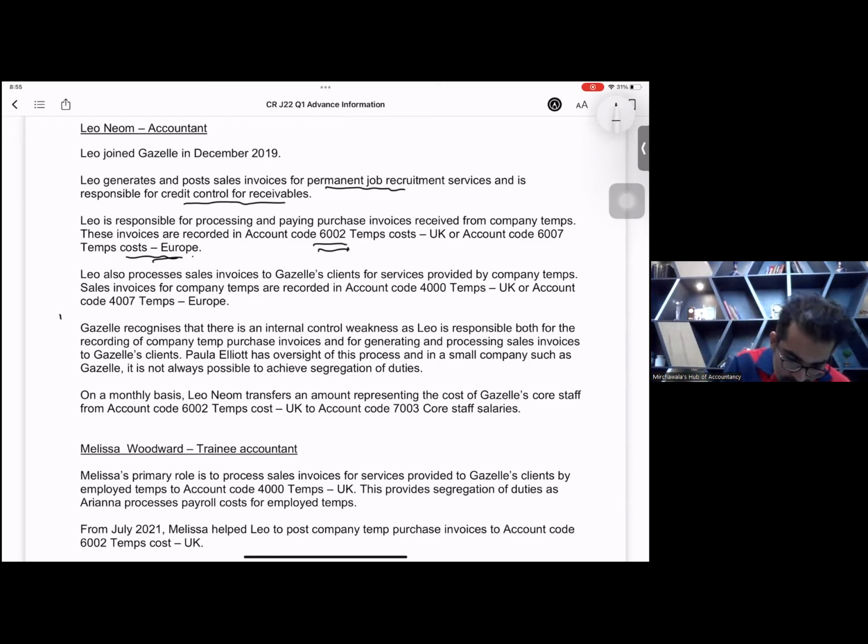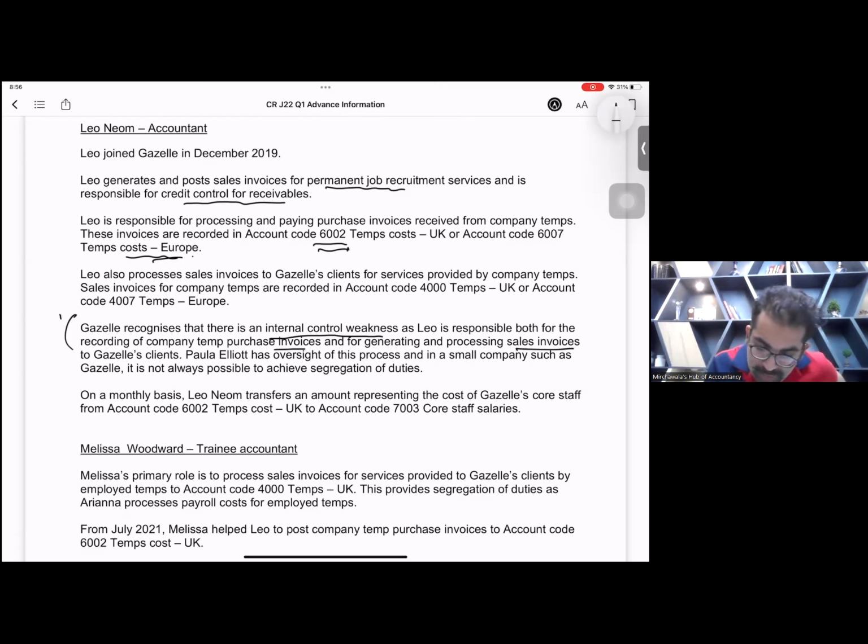This point is important. Gazelle recognizes there is an internal control weakness, as Leo is responsible for both recording company temp purchase invoices and generating sales. At one end she's dealing with the purchases, and on the other end she's dealing with the sales.